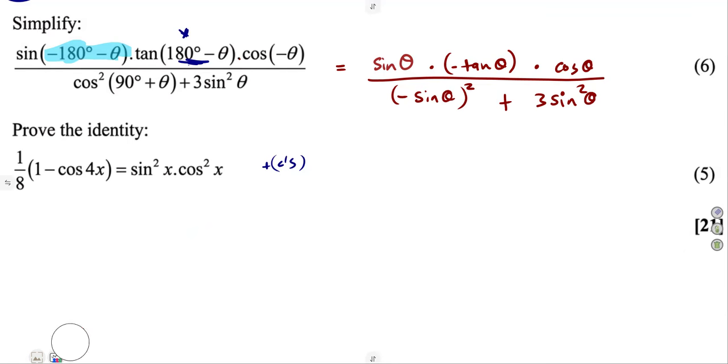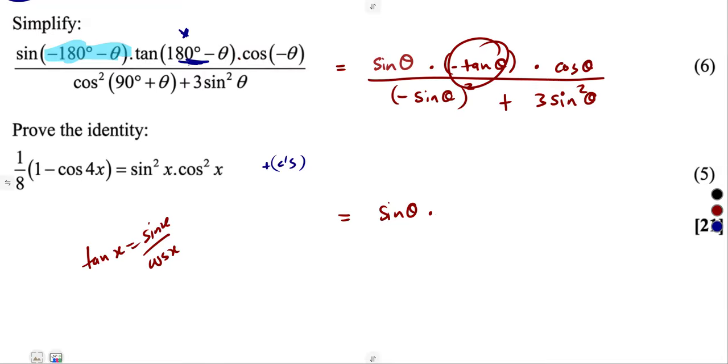All right, so let's see what is limiting our question so far. There is a tan, which we do understand. Tan of x is sine of x over cos of x. So that's sine of theta times negative tan, that will be negative sine of theta over cos of theta, times the cos of theta here.